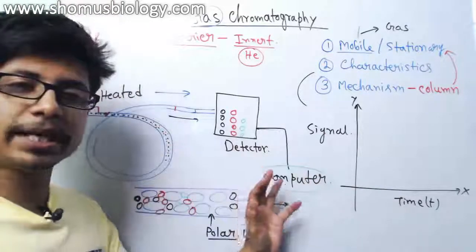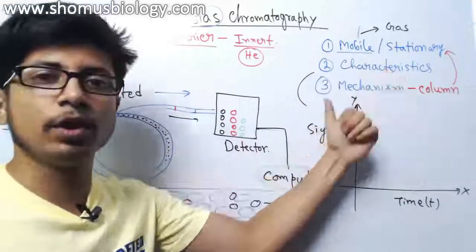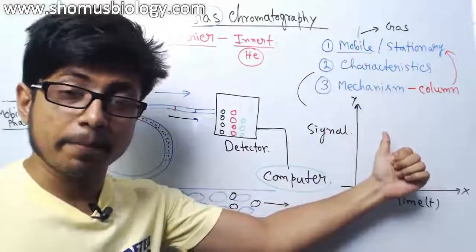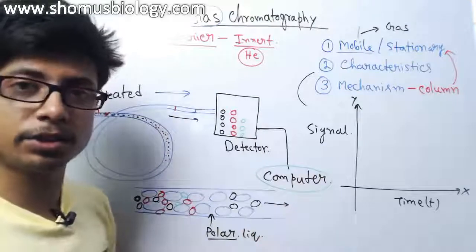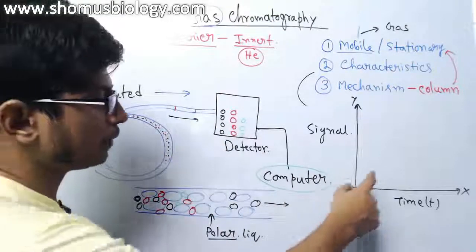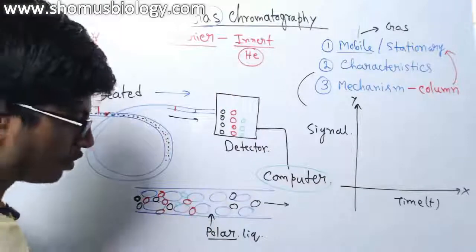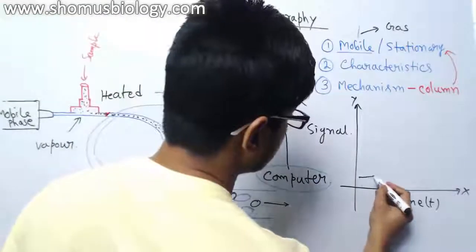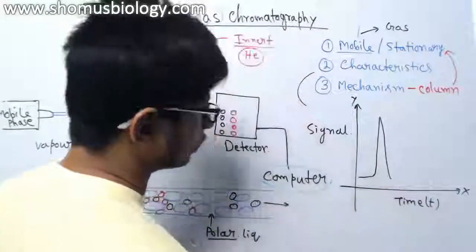The time taken depends on the characteristics, the volatility and the polarity. But if black has a higher concentration, more blacks will be hitting the detector at the very beginning, so the peak height will be more. So let's say here at the very beginning it starts with that, and the signal is very high for the black.